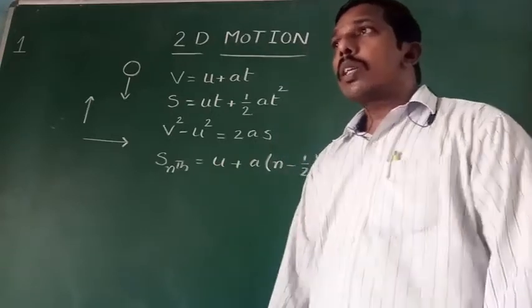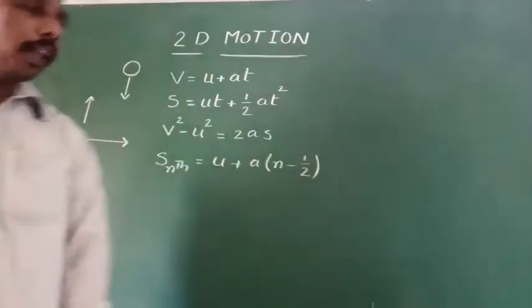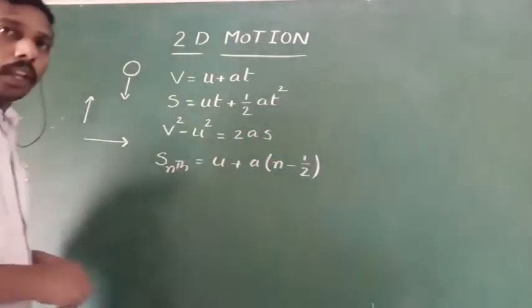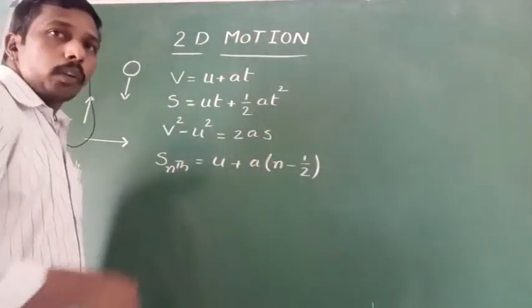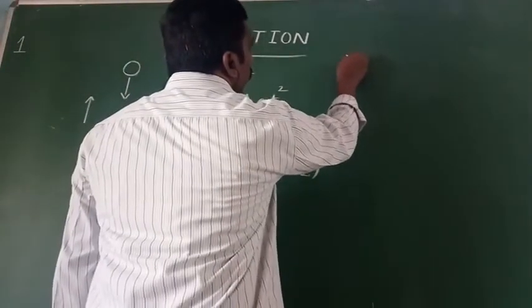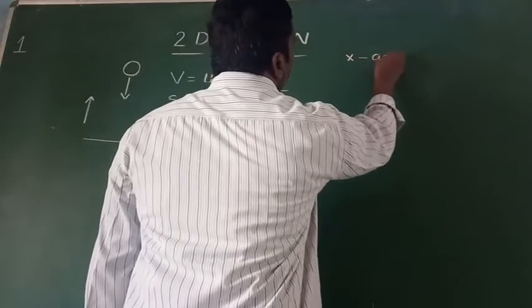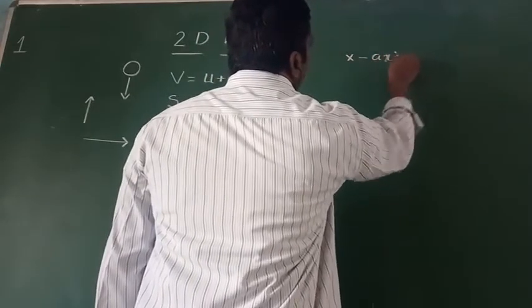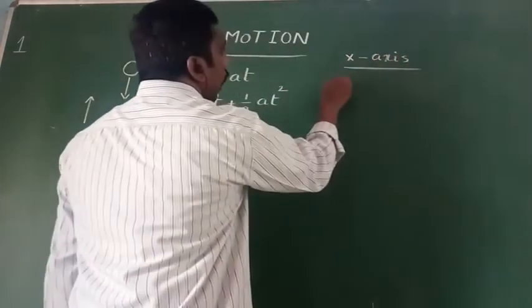Suppose the body is traveling along the x direction only. Then how can we use these equations? If the body is traveling along the x axis, these equations we can convert like this.